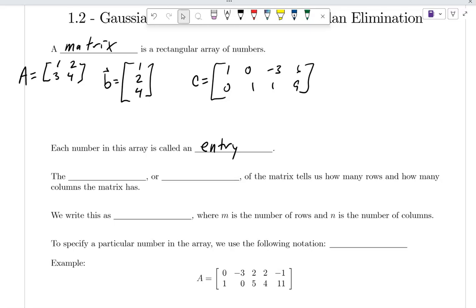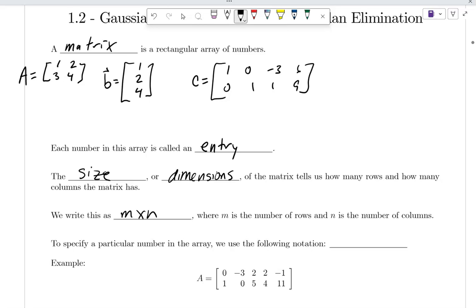We usually refer to the size by the dimension of the matrix. When we refer to the dimensions of a matrix, we talk about how many rows and how many columns it has. We always write the number of rows first and then the columns. So this is going to be referred to as an M by N matrix if you have M rows and N columns.